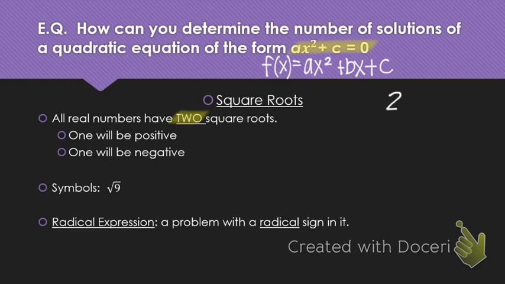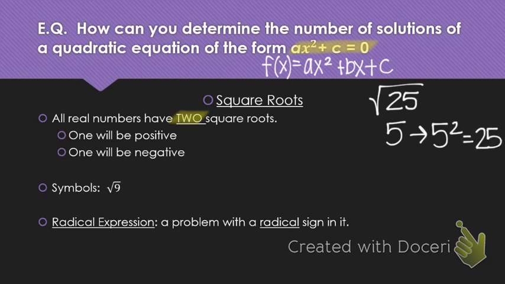If I were to give you the number 25 and I asked you to find the square root of 25, and I do want you to write this over to the side, what would you naturally tell me is the square root of 25? 5, okay? And I would agree with you, because 5 squared absolutely equals 25. But what if I were to tell you that negative 5 is also a square root of 25? Well, let's look at it.